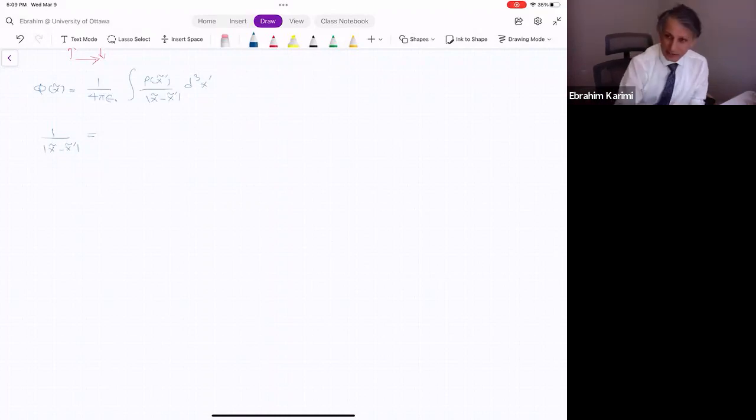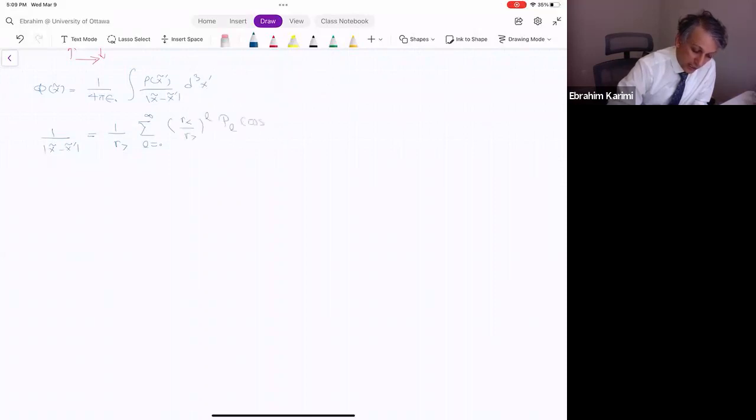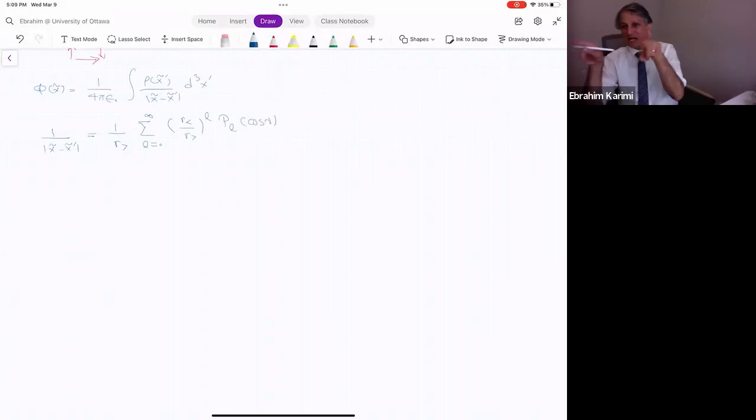So we already did that. We assumed that one of them is larger than the other, and the expansion was 1 divided by r greater, and then we had a summation over L from 0 to infinity, r smaller over r greater to the power of L, P_L of cosine gamma. And gamma was the angle between x and x prime.